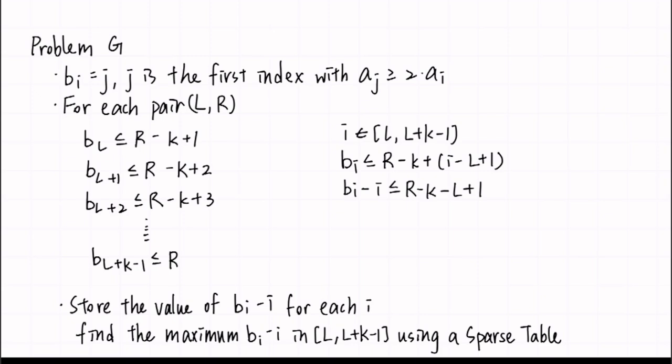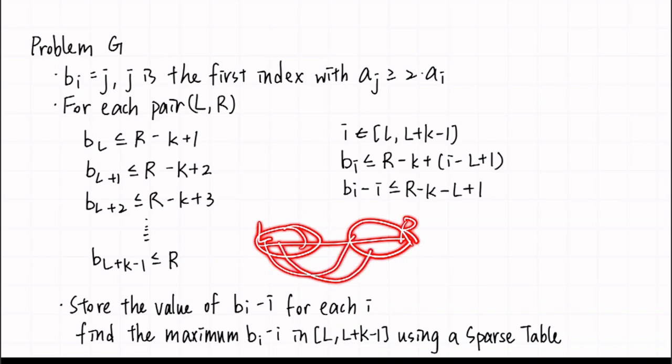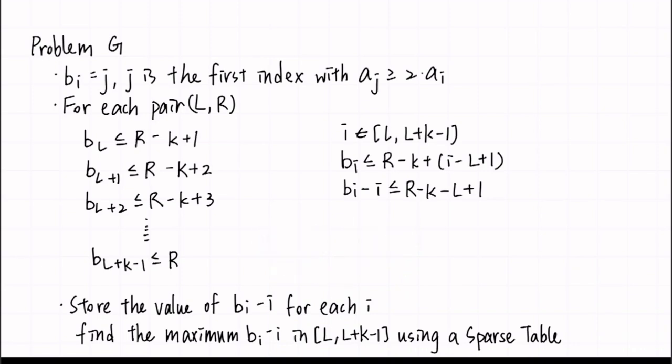This is because we're doing the same thing as previously, where in a range L to R, we match the first k values to the last k values, like this. So the first one will match to the smallest one, and the second one will match to the second smallest one in the k values.